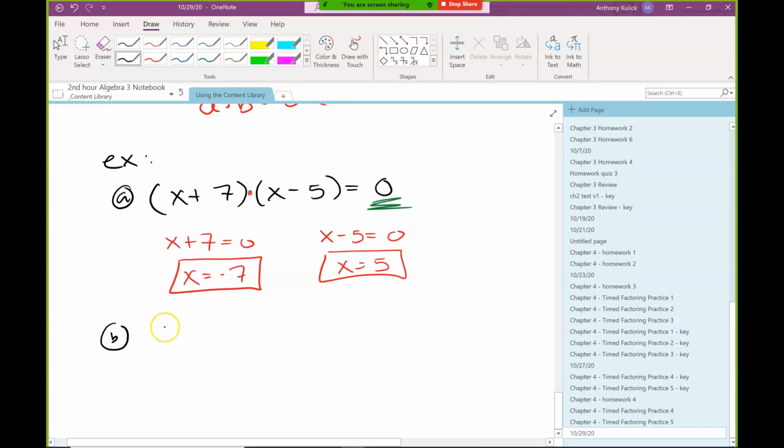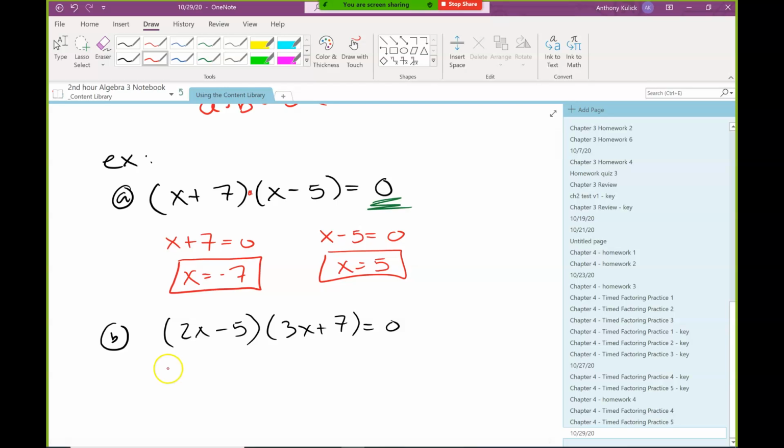Let's do another. Let's say we have the factored form (2x - 5)(3x + 7) = 0. Does the zero product property apply here?